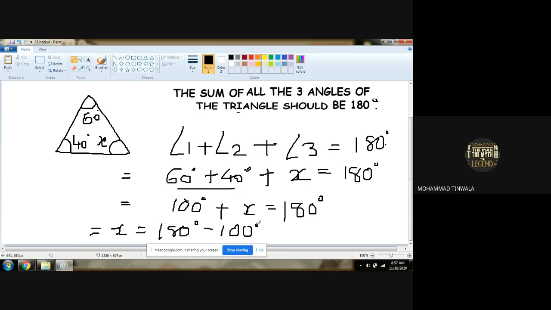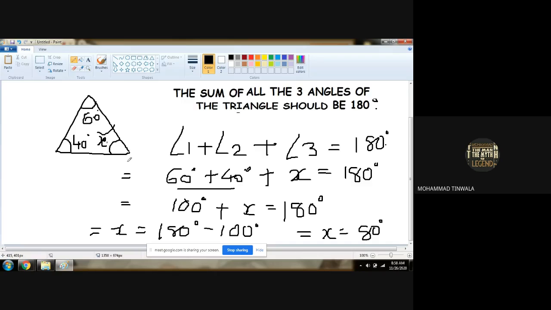So what is the value of X we got? 180 minus 100 means 80 degree. Very good. So what value of X did we get? 80 degree. Understood? This kind of sums will be there in the angle sum properties, and there will be maximum sums related to angle sum properties. Understood, girls? Okay, very good.